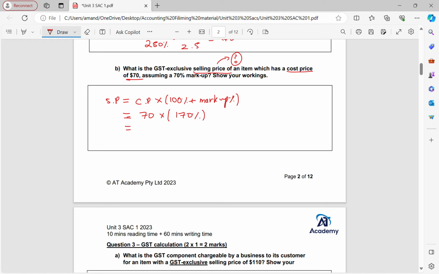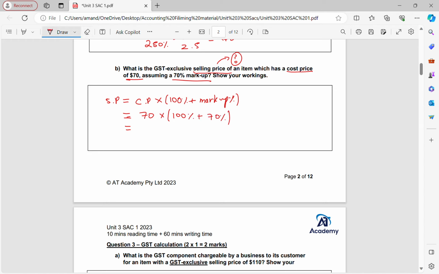Actually, let's make this a little clearer quickly. I don't want to confuse you guys, it's just a 70% markup from here. Maybe better to write it this way.